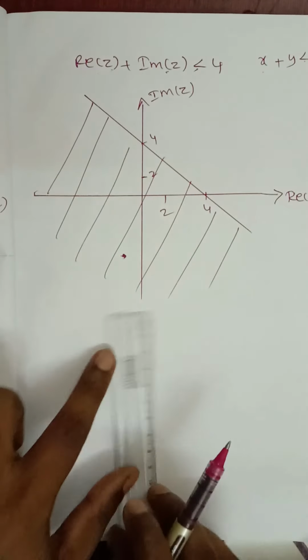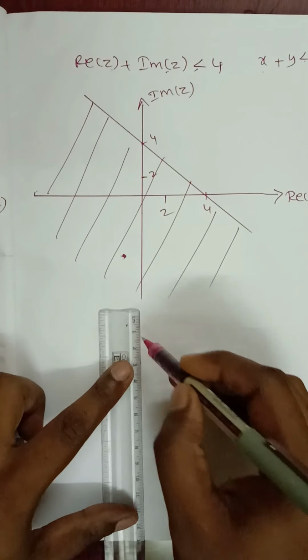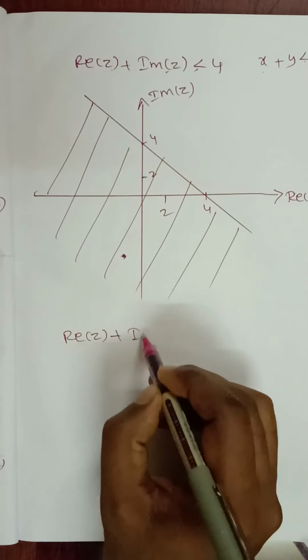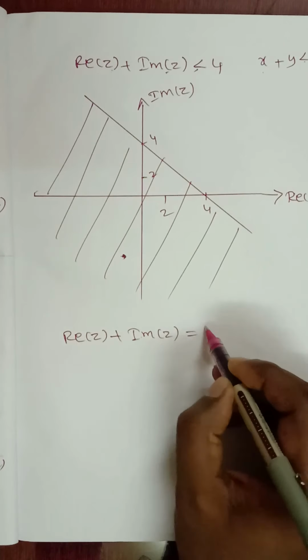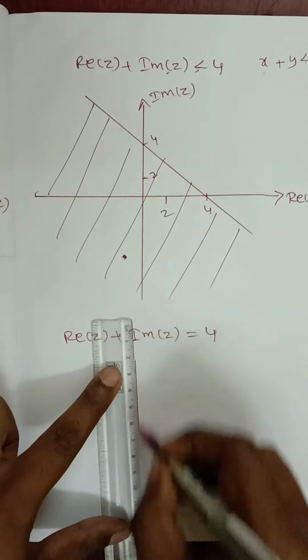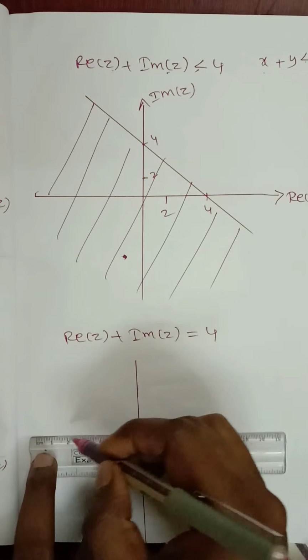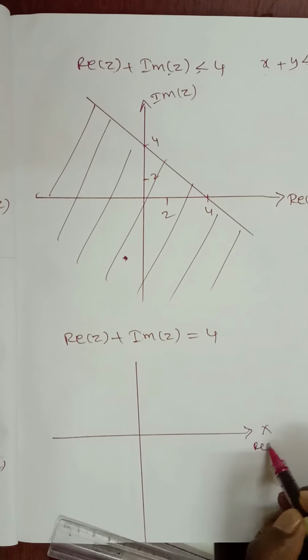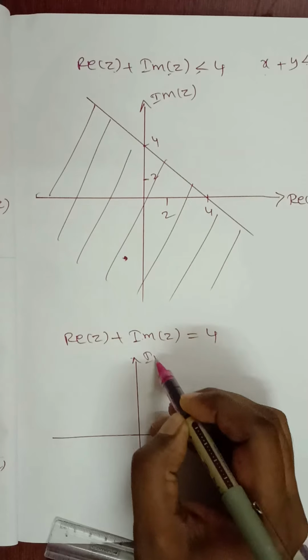Okay, so the last one, I am going to take the same example: real of z plus imaginary of z equal to 4. What is the locus? I take the x-axis as the real axis and the y-axis as the imaginary axis. This is the real of z and this is the imaginary of z.